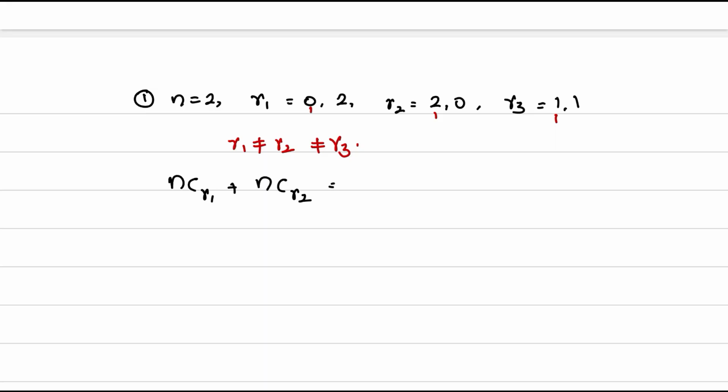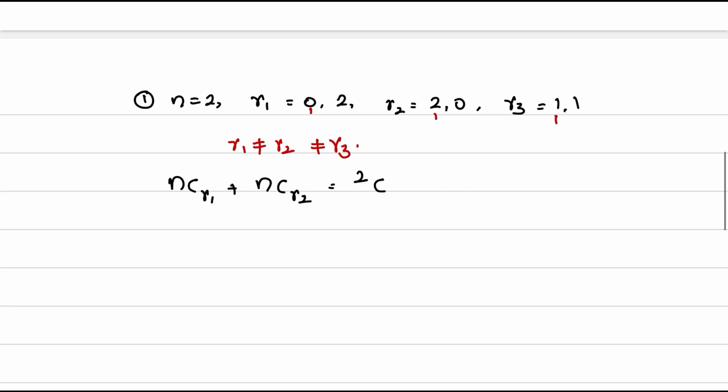Next, what is nCR1 plus nCR2? n is 2, so 2C0 for R1 equal to 0 in the first combination, plus 2C2 for R2 equal to 2.